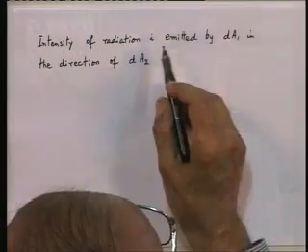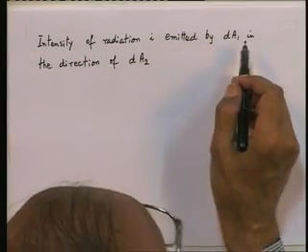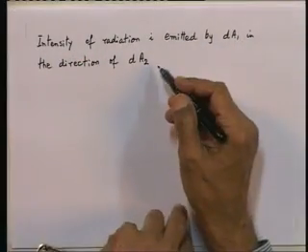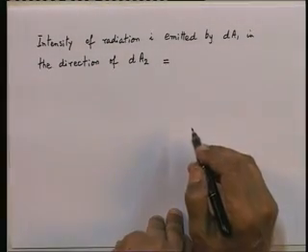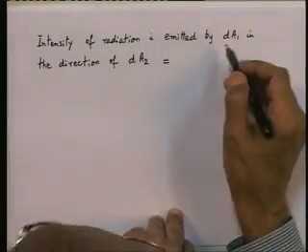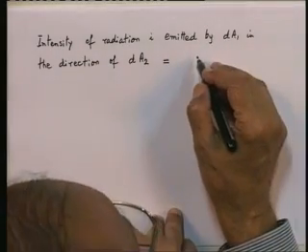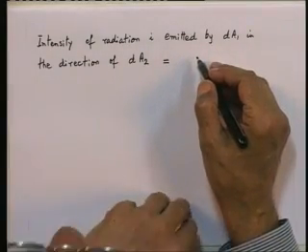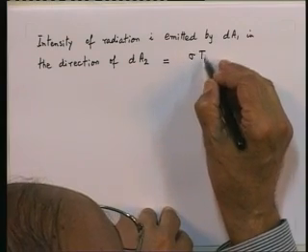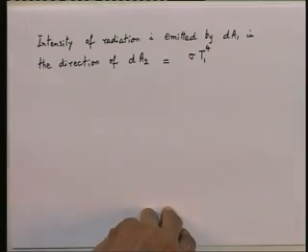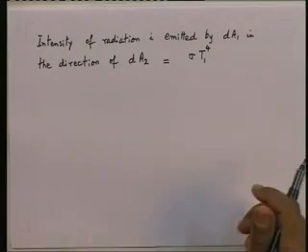With this nomenclature, intensity of radiation I emitted by dA1 in the direction of dA2 is going to be equal to, first of all, what is the emissive power of dA1? It is a black surface. So, by the Stefan-Boltzmann law, it is sigma T1 to the power of 4, E_B1.